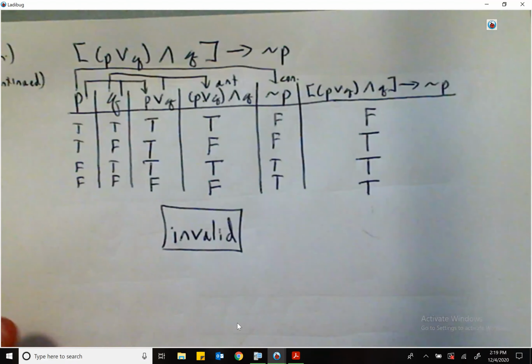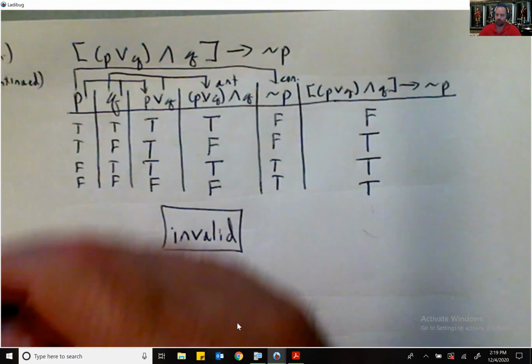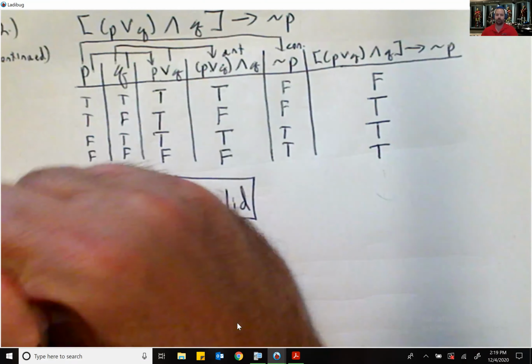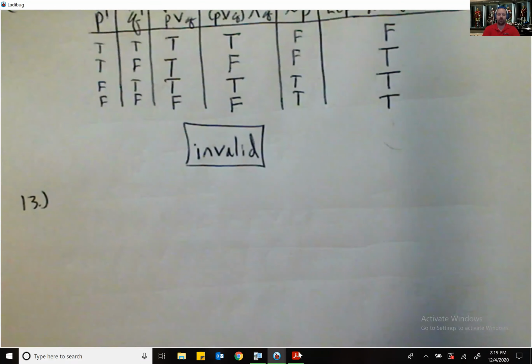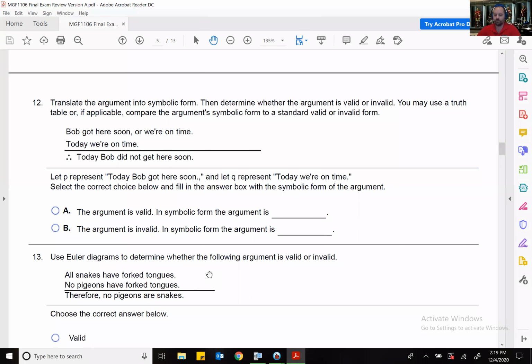All right, number 13 is a Euler diagram. I could just call him Euler. Euler diagram, and that will end chapter 3. It says: All snakes have forked tongues.